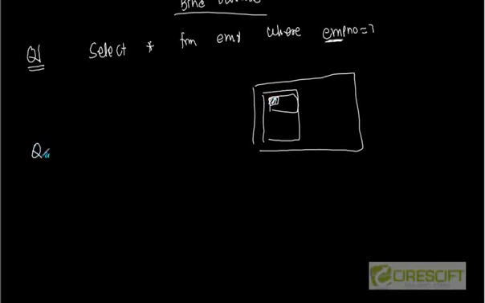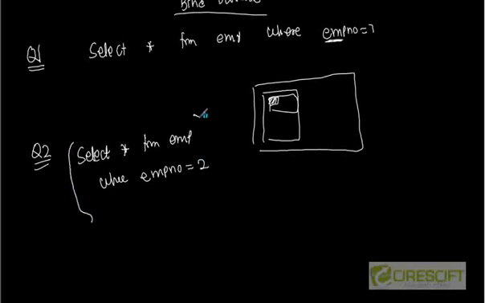Then say query number 2: somebody gives select star from EMP where employee number is equal to 2. This is a second query. When it comes, Oracle tries to find out whether it has a parsed equivalent of this query. If Q1 and Q2 were the same, they would have the same parse representation and execution plan.